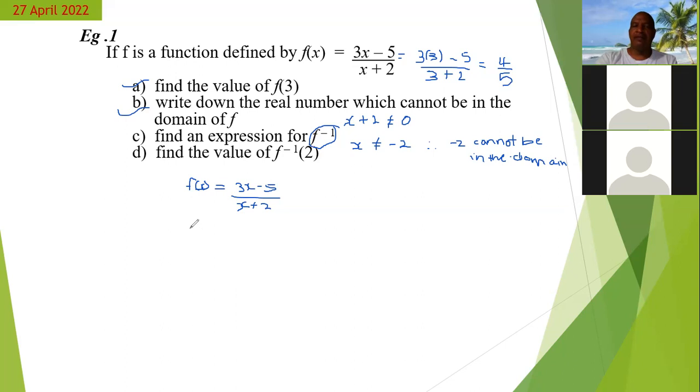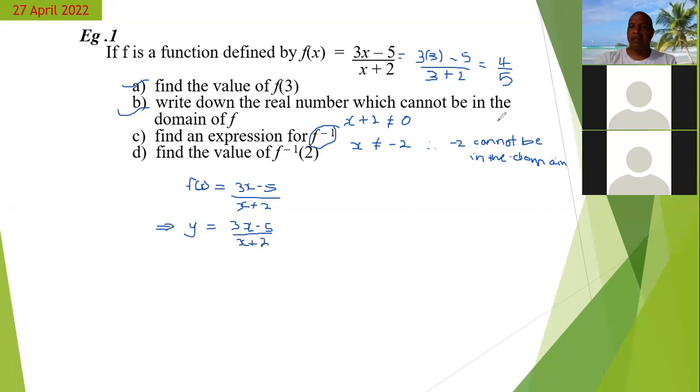So therefore we would have y, or if you want to use this symbol, which means implies, this implies that y is equal to 3x minus 5 over x plus 2. All right, now what would be the next step?